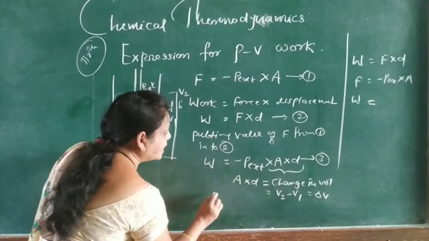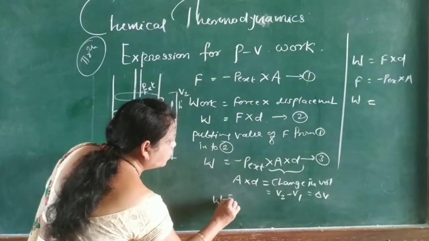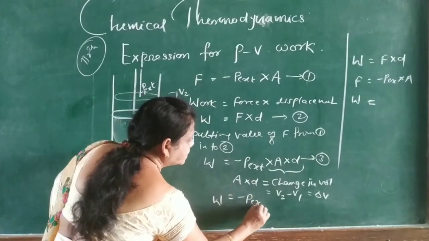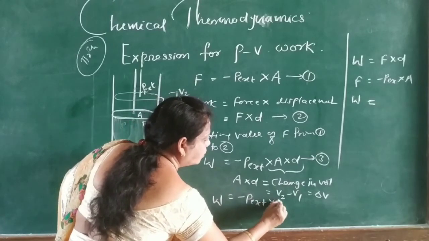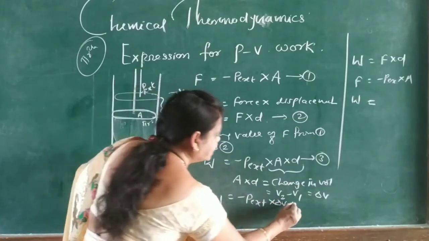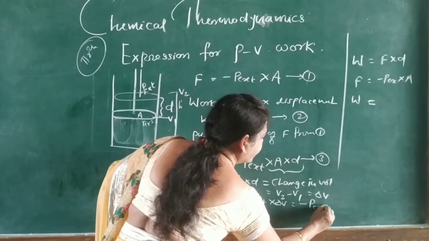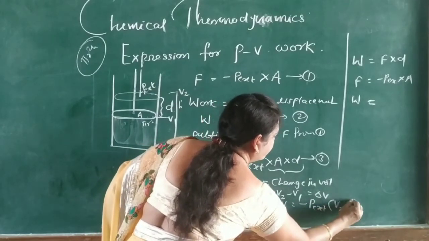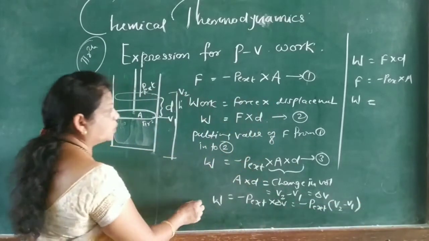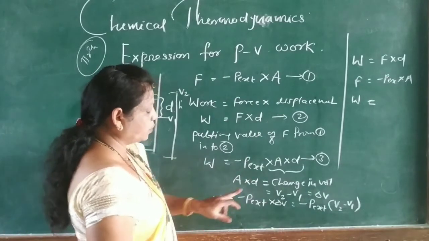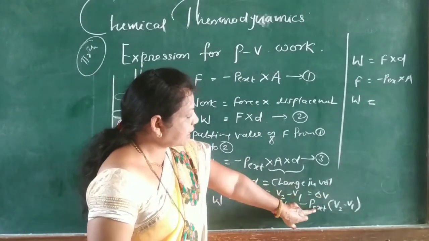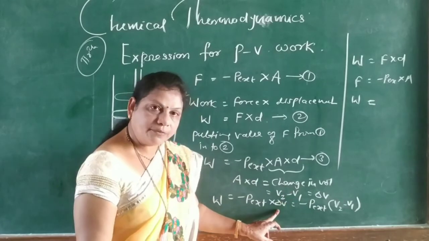So equation 3 becomes W is equal to minus P external into del V, that is equal to minus P external into V2 minus V1. So W is equal to minus external pressure into change in volume.